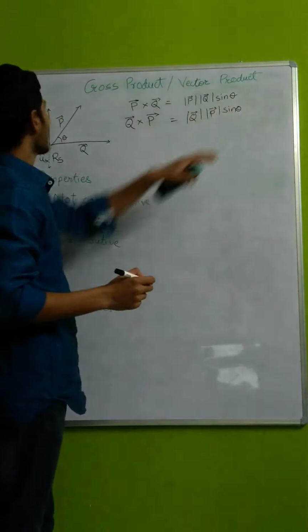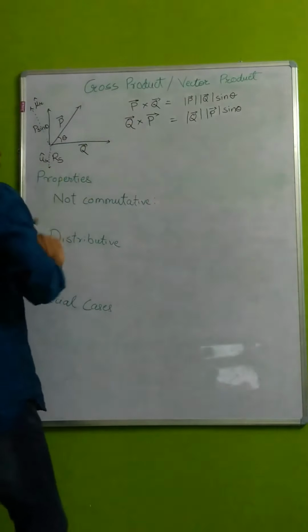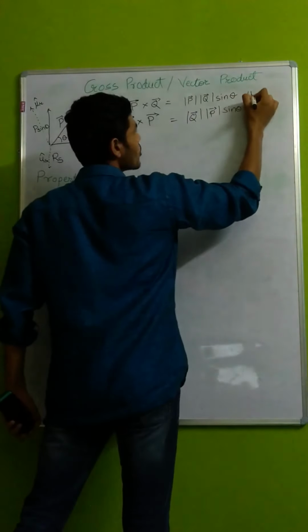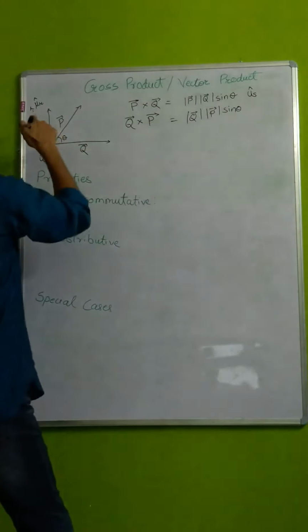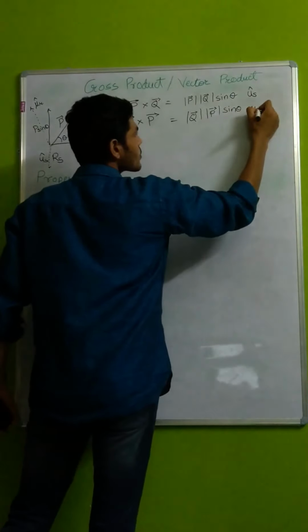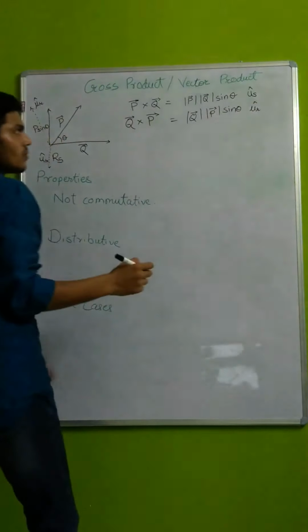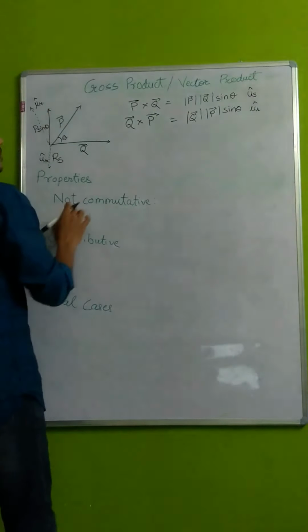So in the first case, direction was inside, so we'll use direction as US. In the second case, Q cross P, outward direction, we have named this direction as UR. UR and US are in opposite direction.